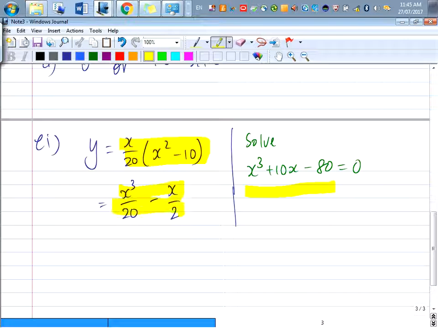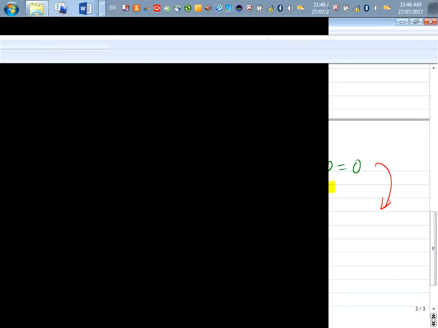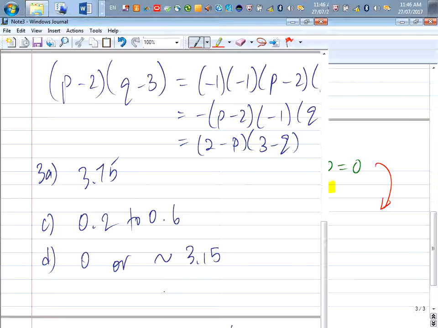And my goal is to make this green color one the same as the highlighted one. So what can I do first? What can I do? Let's concentrate on the x cubed. What should I do with the x cubed? Yeah, divide by 20. So we divide by 20 on both sides.